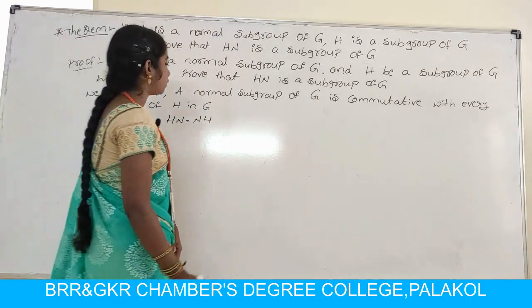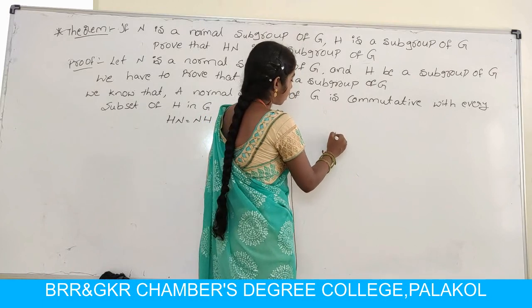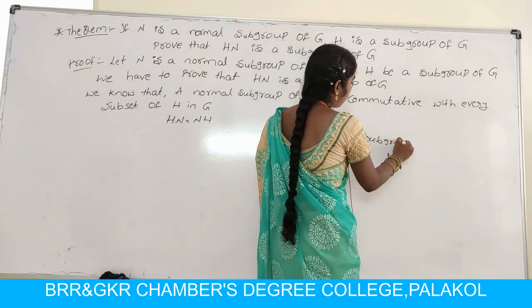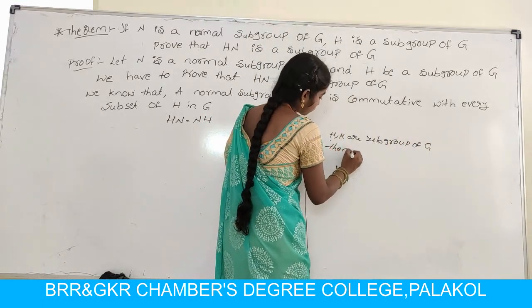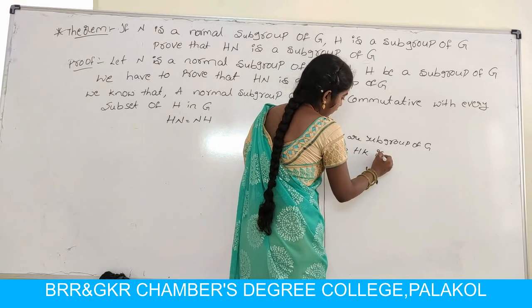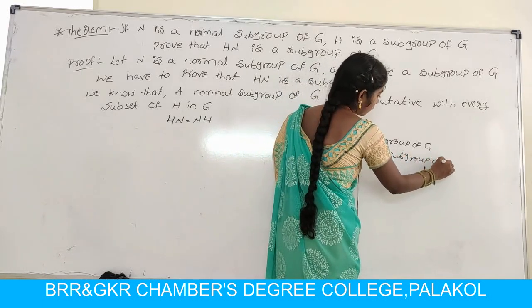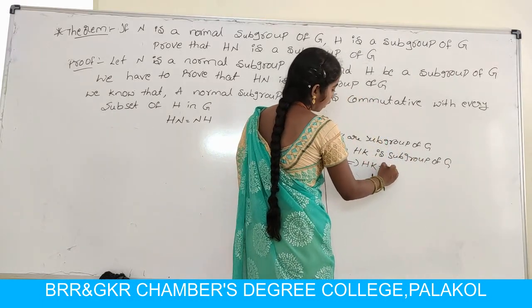So already you know that by the known theorem, the necessary and sufficient condition: H, K are subgroups of Z, then HK is a subgroup of Z if and only if HK equals KH.